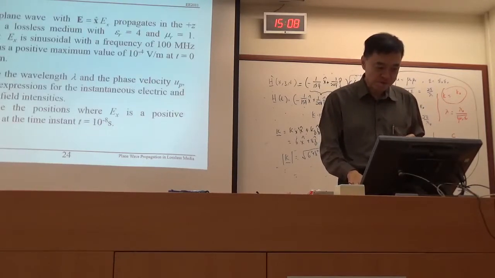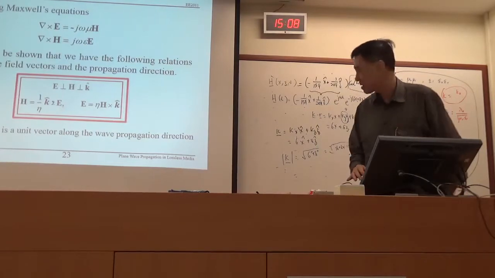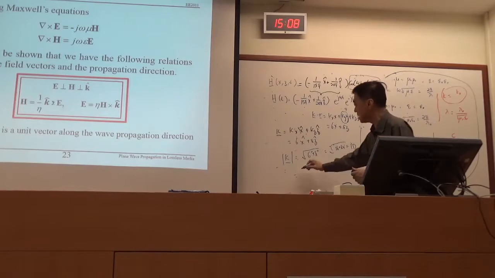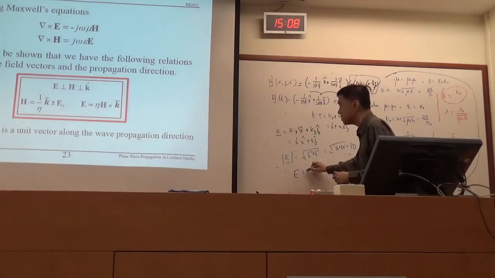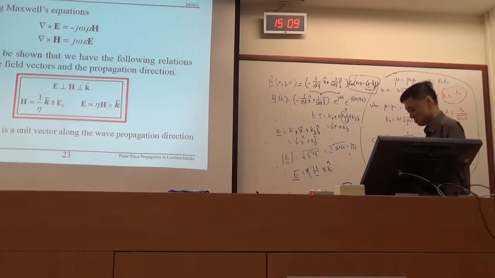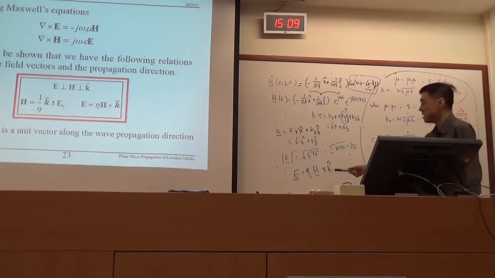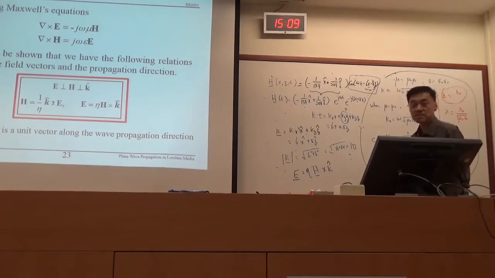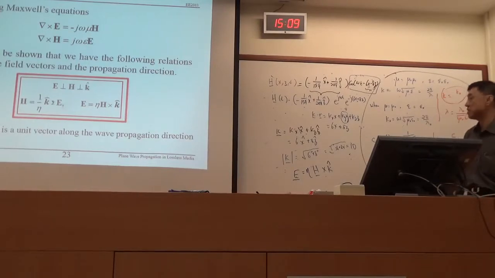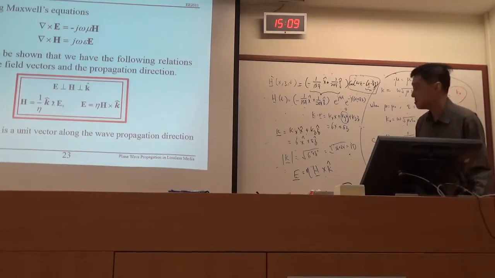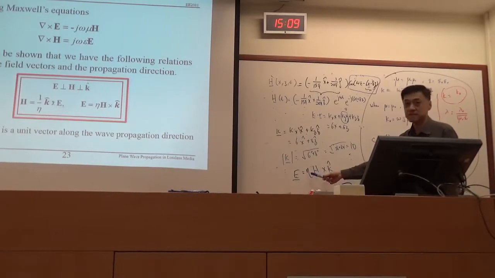if you remember these equations here, remember E is equal to zeta H cross k. So I think we are able to find E. What is zeta?